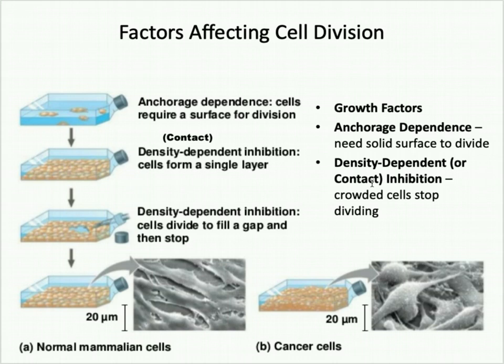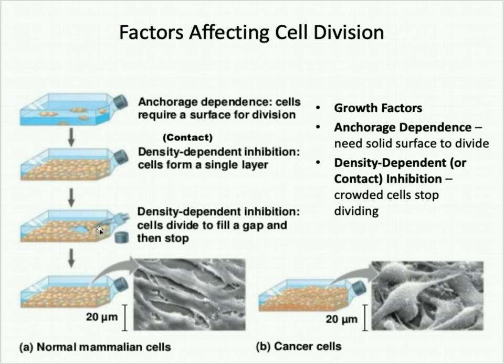And then the last factor that we're going to talk about is called density-dependent inhibition, also called contact inhibition. So this is basically saying that when the cell has enough of a population, then it won't divide. Crowded cells will not divide, because if the density of the population is at its full capacity, then there's no room for the cell to divide.